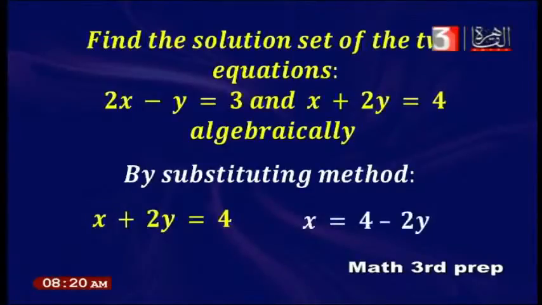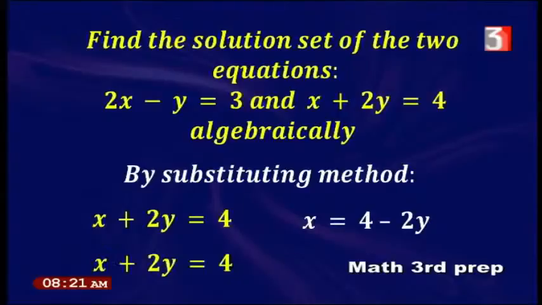So x equals 4 minus 2y. By taking the value of x as 4 minus 2y and substituting it in the other equation, which is 2x minus y equals 3, you are going to find that.